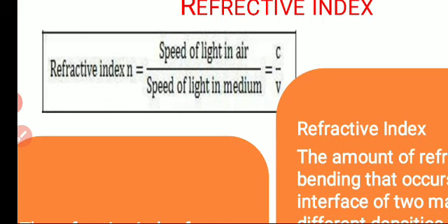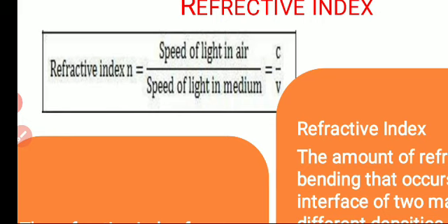For different materials, the value of refractive index is different. For vacuum, it is 1. For air, it is also equal to 1. For water, the value of refractive index is 1.33.